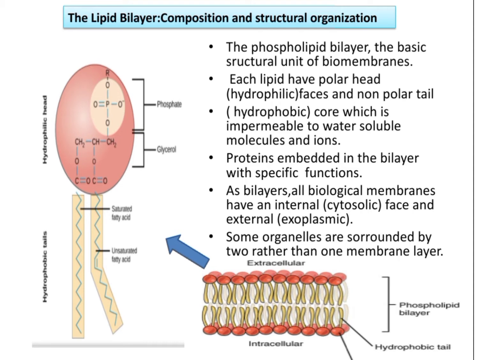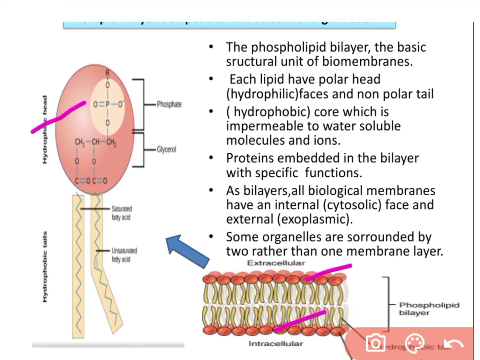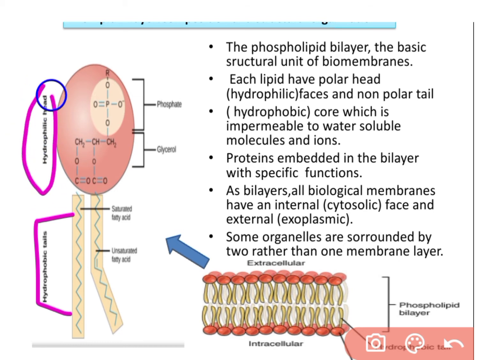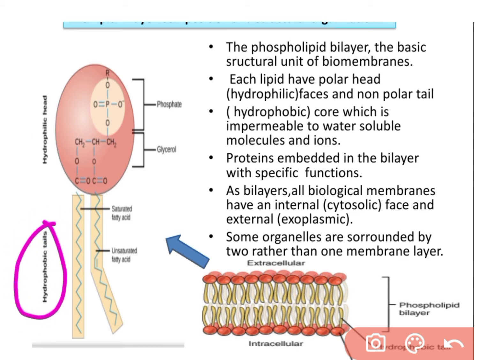Then coming to the lipid bilayer composition and structural organization. The phospholipid bilayer, the basic structural unit of biomembranes. Each lipid has a polar head and non-polar tail. This region is hydrophilic in nature and this region is hydrophobic in nature.